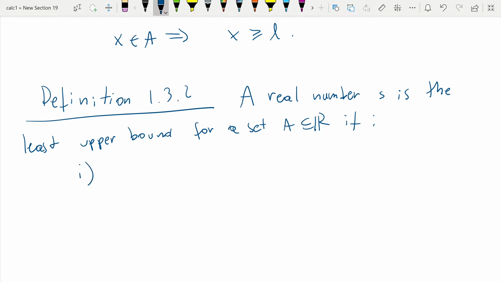First one is called an upper bound. It has to be, it's called a least upper bound. It has to be an upper bound. So S is an upper bound. And this is what we just defined.